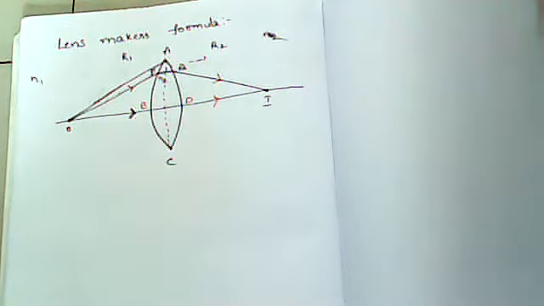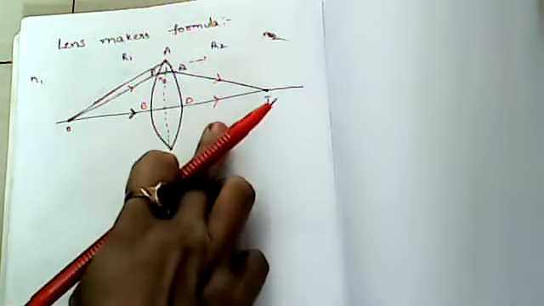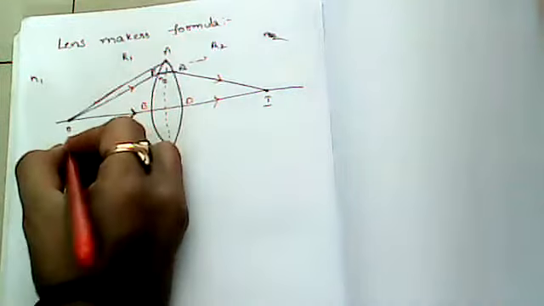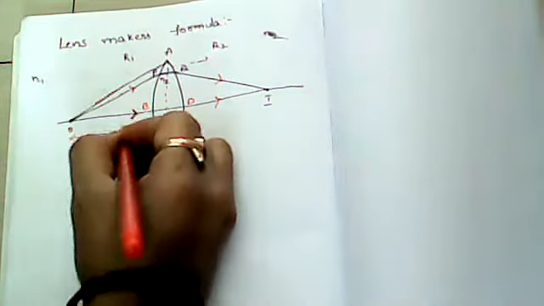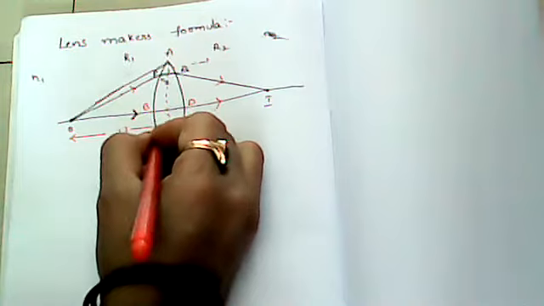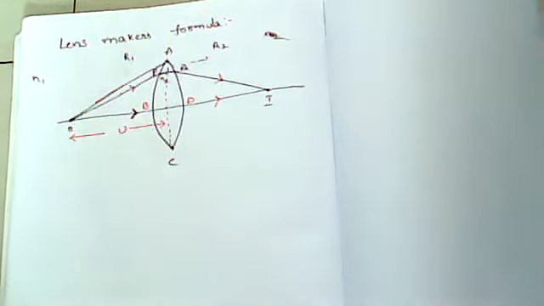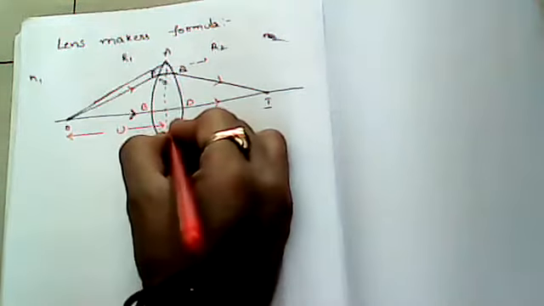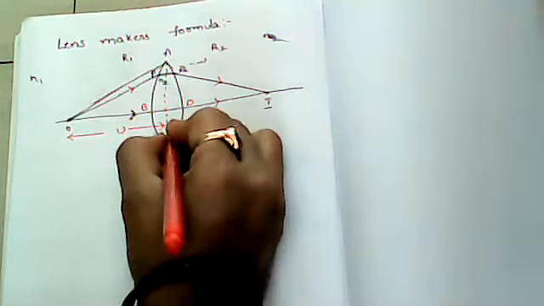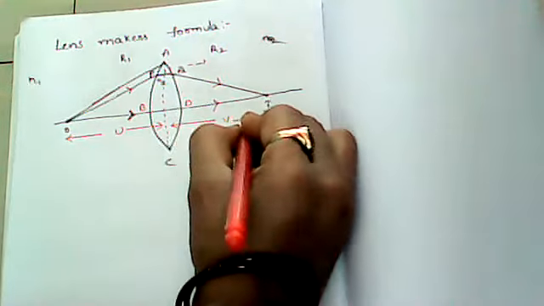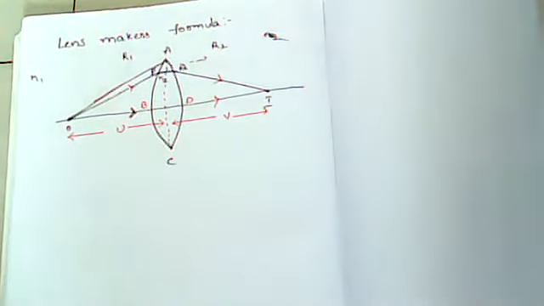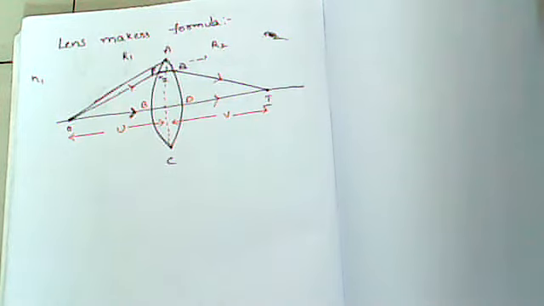Now the distance from pole to the object is U, and the distance from pole to image is V.